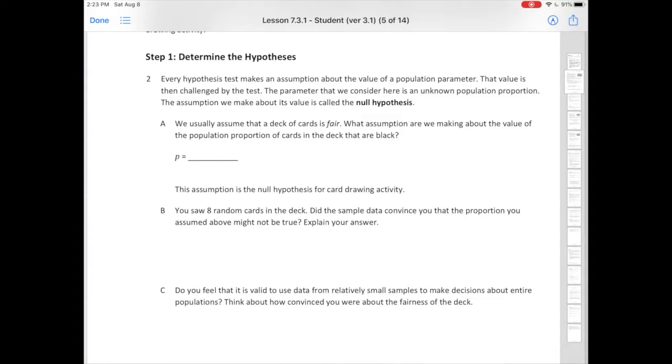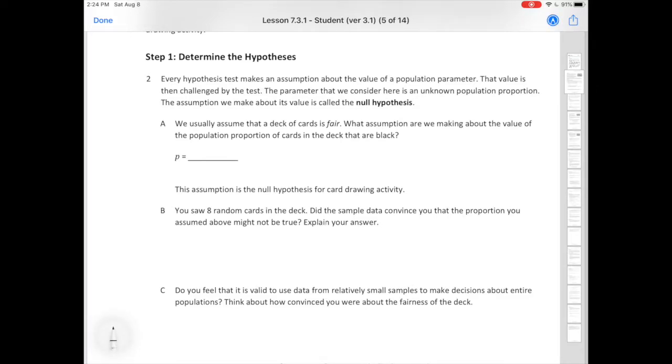We usually assume that a deck of cards is fair. What assumption are we making about the value of the population proportion of cards in the deck that are black? Okay, so what do we think P is? P would be the proportion of black cards in the deck. If we're assuming that the deck of cards is fair, then that means we're assuming that half of the cards are black, right?